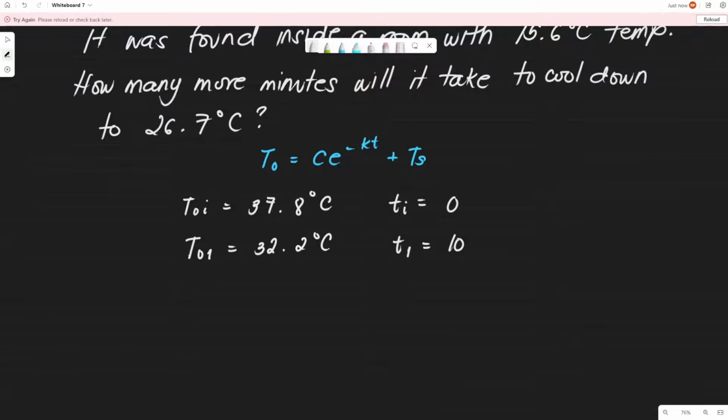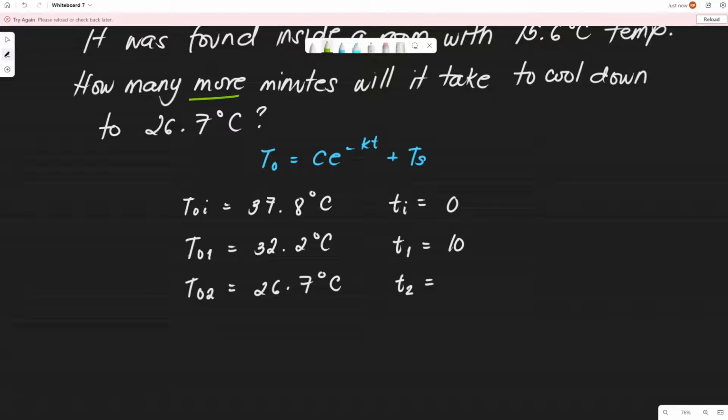How many more minutes will it take to cool down to 26.7 degrees Celsius? T sub O2 is equal to 26.7 degrees. How many more minutes? Magkaiba kasi guys yung how many minutes will it take to cool down to 26.7 degrees sa how many more minutes. Meron tayong word na more.